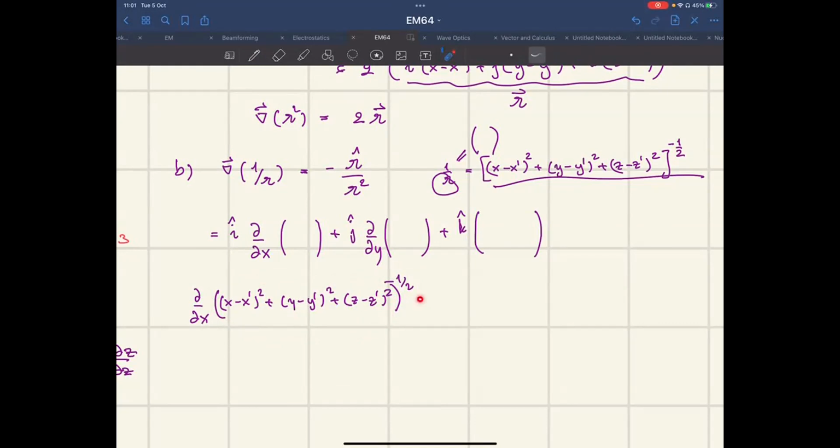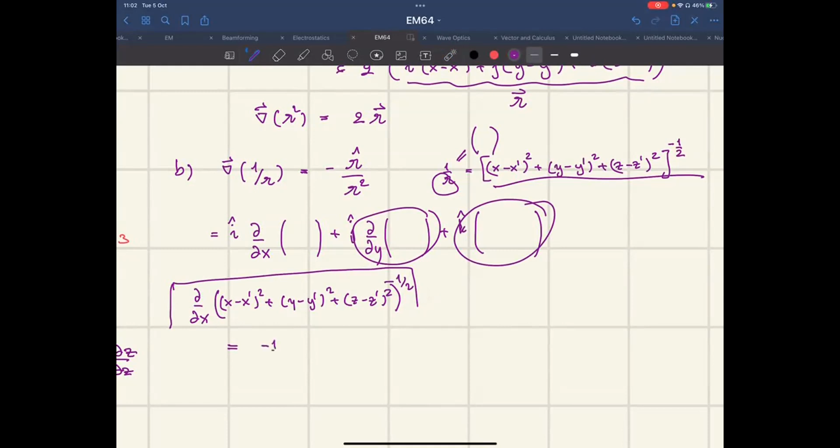Okay, so let's check it out. But it's going to be easy, because this thing will just have the same result, this thing also has the same result, just a different term. In this case we have minus 1/2 we pull in front. And the whole bracket becomes to the power of minus 1/2 minus 1.